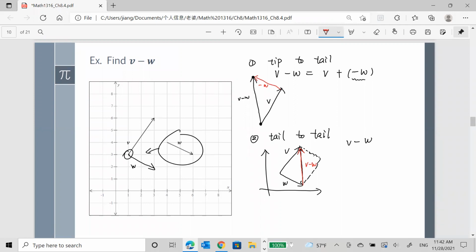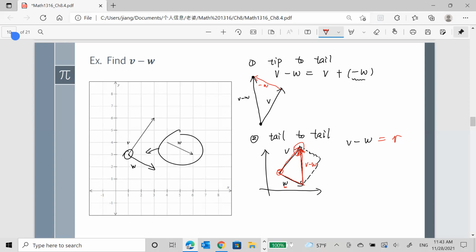Some students asked me why. So we have learned, for example, let this one equal R. So the red one is the R. Can I move the W to the other side, so V equals R plus W. So if V is R plus W, look at W and this red arrow, that's R. So W is tip to the tail of the R. So W plus R equals V, with V tail to tail, tip to tip.